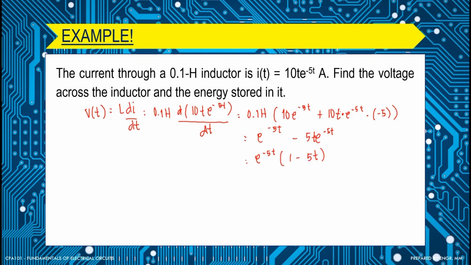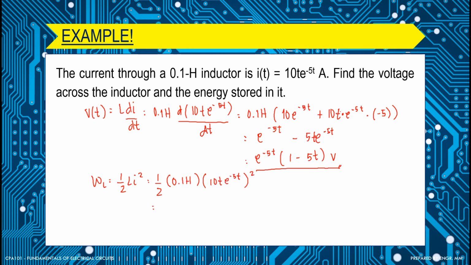The unit is volts. Then, to solve for the energy, W_L is equal to 1/2 L i squared. So 1/2 multiplied by the inductance 0.1 Henry, then the current 10t e^(-5t), squared.